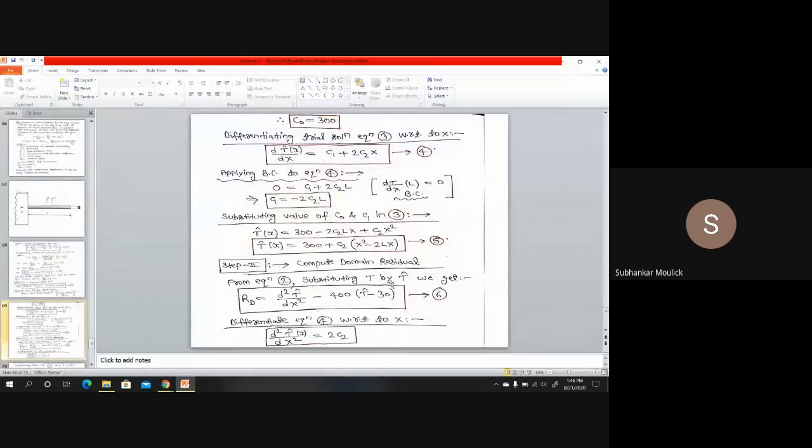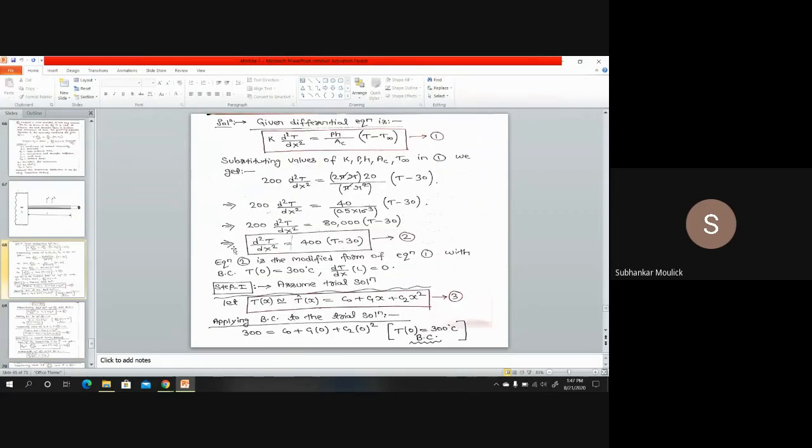So next step is computation of domain residual. How will I write the domain residual? For that, in the original differential equation, in this modified version, I have to replace T by the approximate solution, that is T cap of x, and I have to place the right hand side towards the left hand side, and then equate this differential equation to 0.